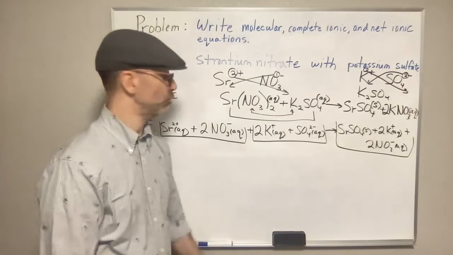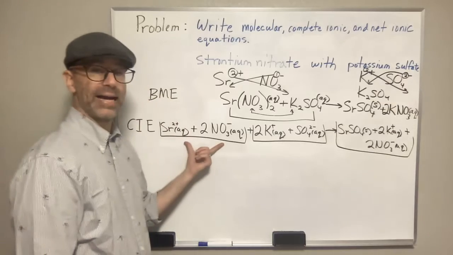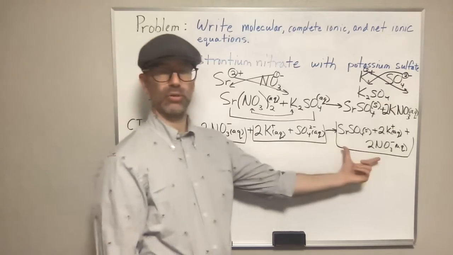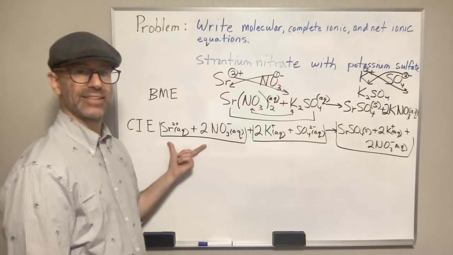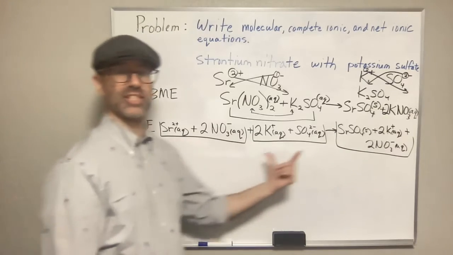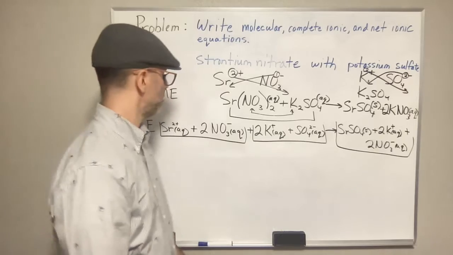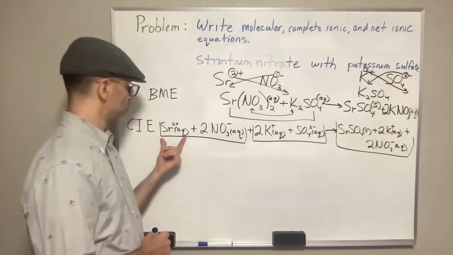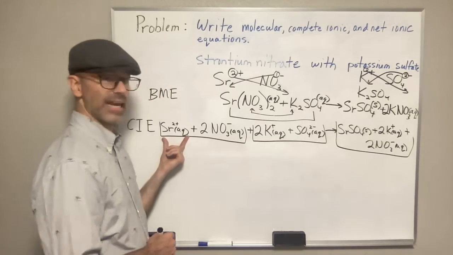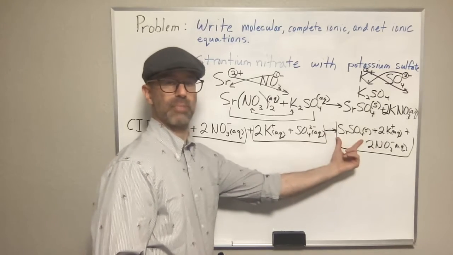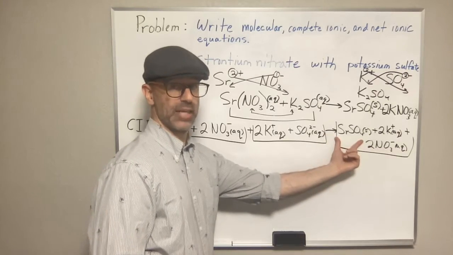Another way is to notice what ions stay the same on both sides. If you have ions here that are aqueous and they're still aqueous over here, those are spectator ions, right? So notice I have strontium here as an aqueous, but strontium here is part of the solid, so that is not a spectator.